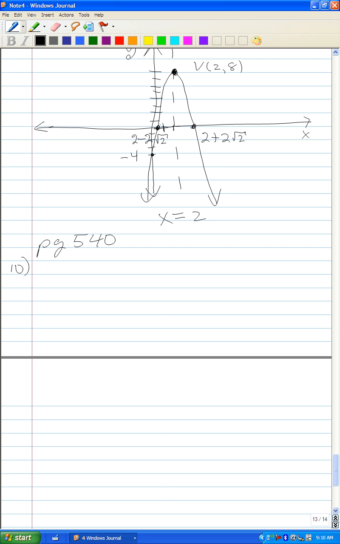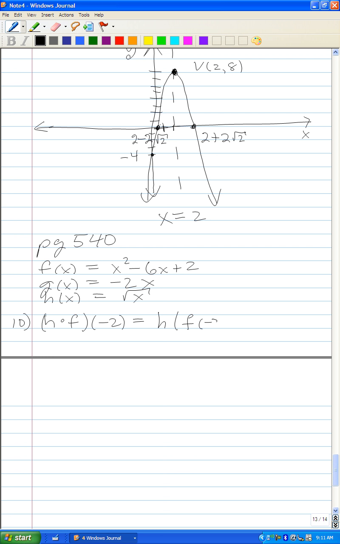If f of x equals x squared minus 6x plus 2, g of x equals negative 2x, and h of x equals the square root of x. Let's do problem 10. Determine h composed with f at negative 2, which is h evaluated at f at negative 2.